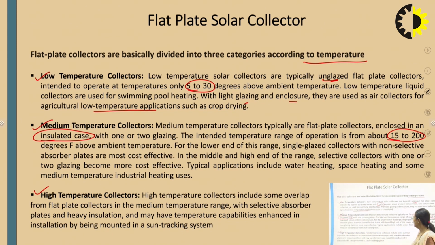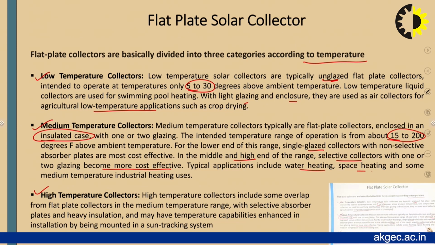For the lower end of this range, single glaze collectors with non-selective absorber plates are most cost effective. And in the middle and high end of the range, selective collectors with one or two glazing plates are most cost effective, right? The typical applications for the medium temperature collector include water heating, space heating, and sometimes industrial heating.